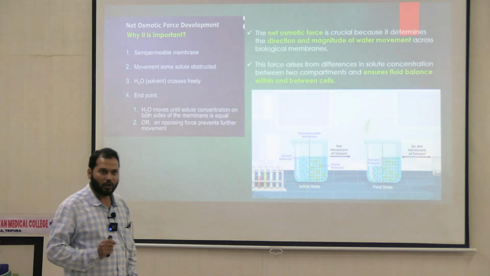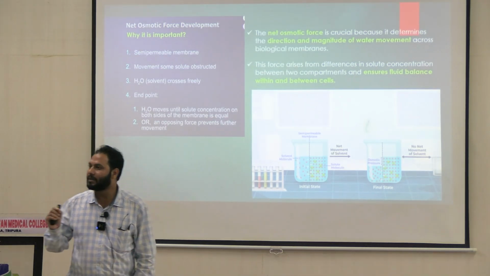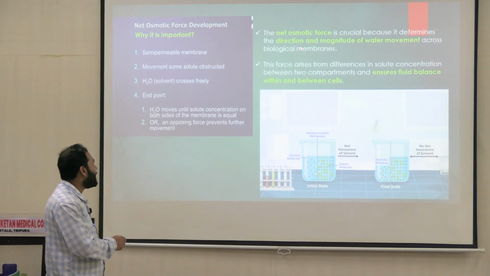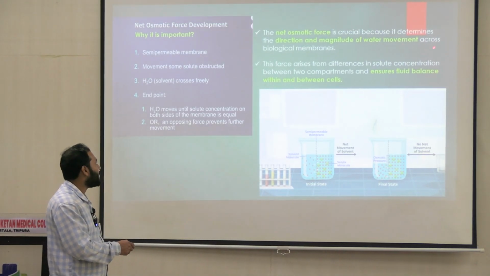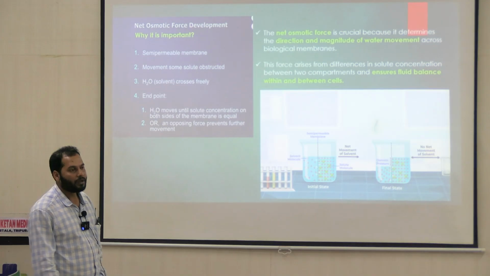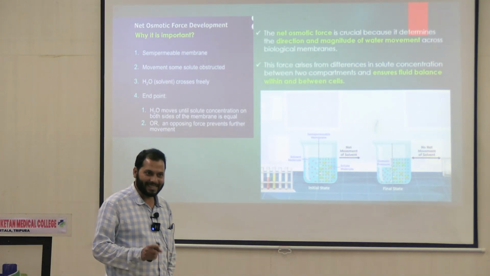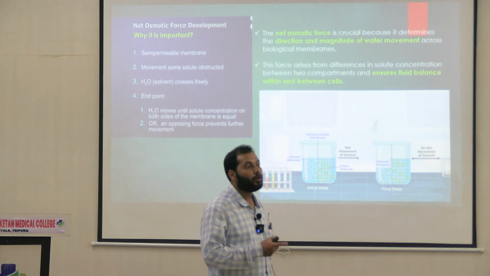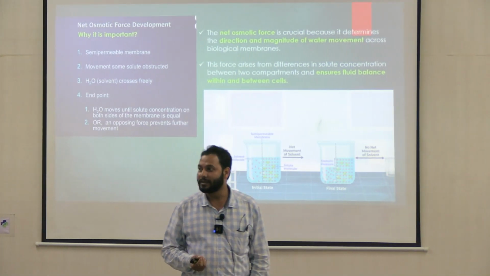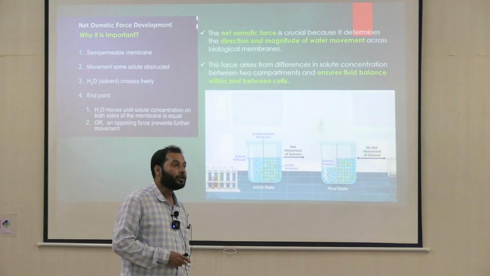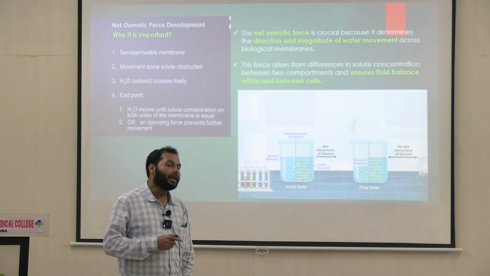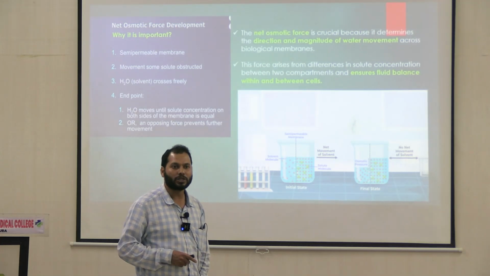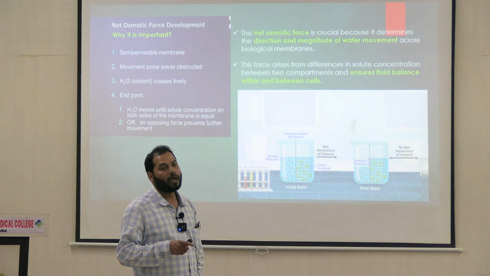So what is the most important feature of that net osmotic force? It determines the direction and magnitude of water movement across the biological membrane. Water movement is essential for the cell, but how long the water will move from one side to the other depends on the equilibrium conditions. Until equilibrium forms between inside and outside of the cells, water will move.